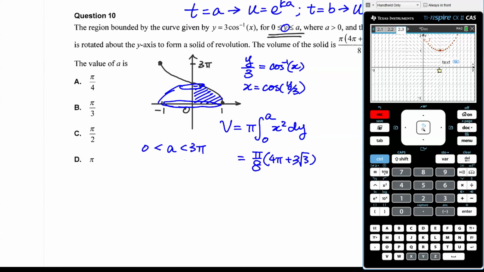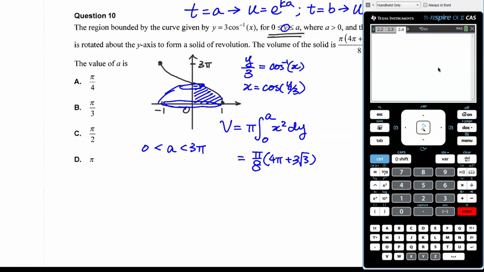So it's always helpful to draw a graph. What I'll do is I'll put pi, shift plus, and from 0 to a, cosine of y over 3 whole thing squared dy equals pi over 8 times 4 pi plus 3 square root of 3.